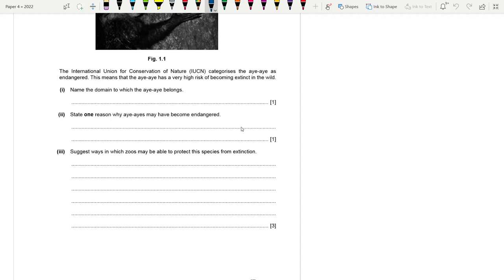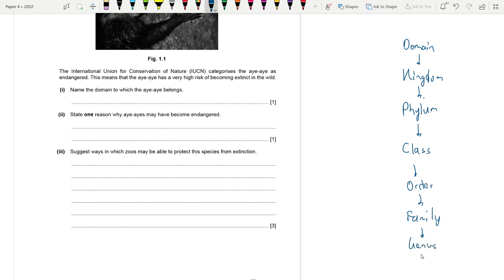So, taxonomy, right? So, what are the levels of taxonomy? At the top, we have domain, followed by kingdom, followed by phylum, class, order, family, genus, species.